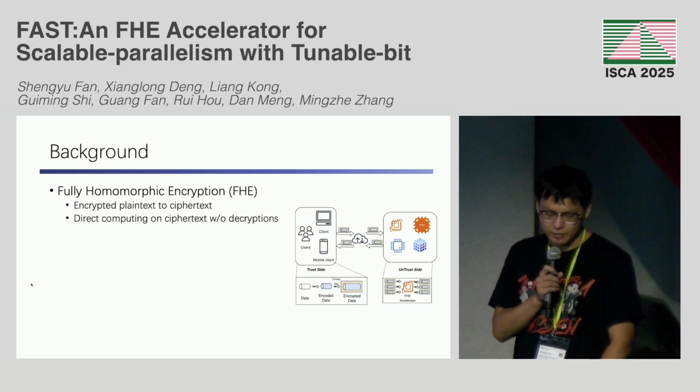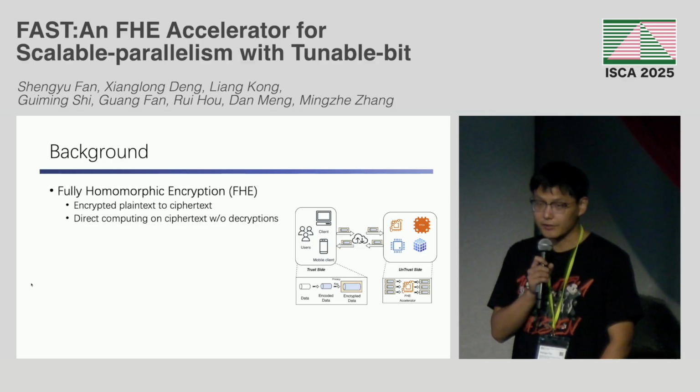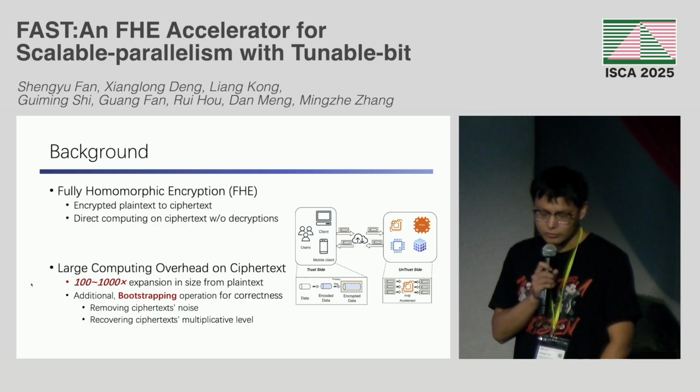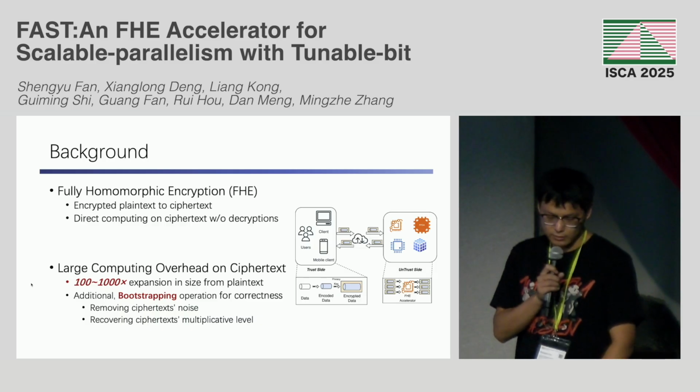FHE is an emerging cryptographic technology that allows computations to be performed directly on encrypted data without decrypting it. However, this powerful capability comes with a significant computational cost. There are two main sources of this overhead.